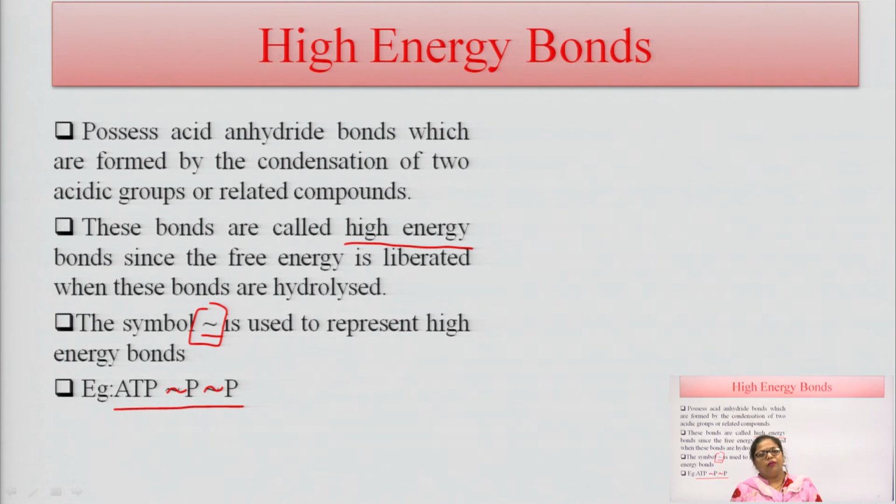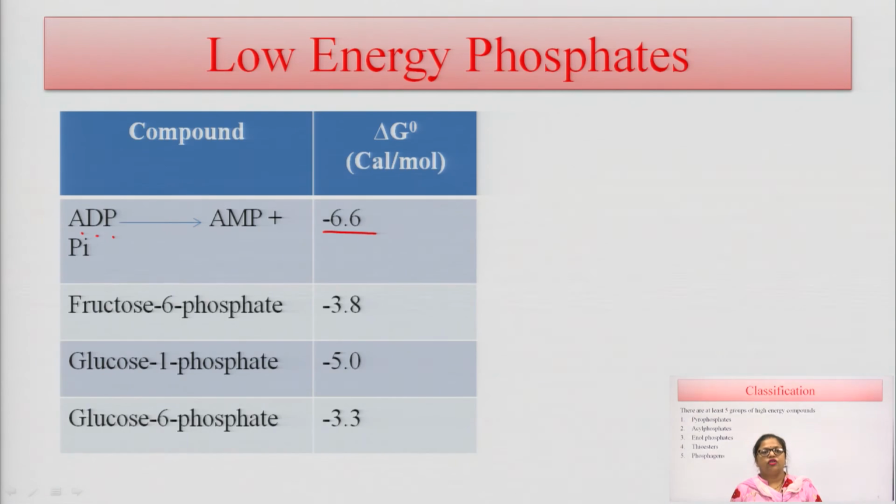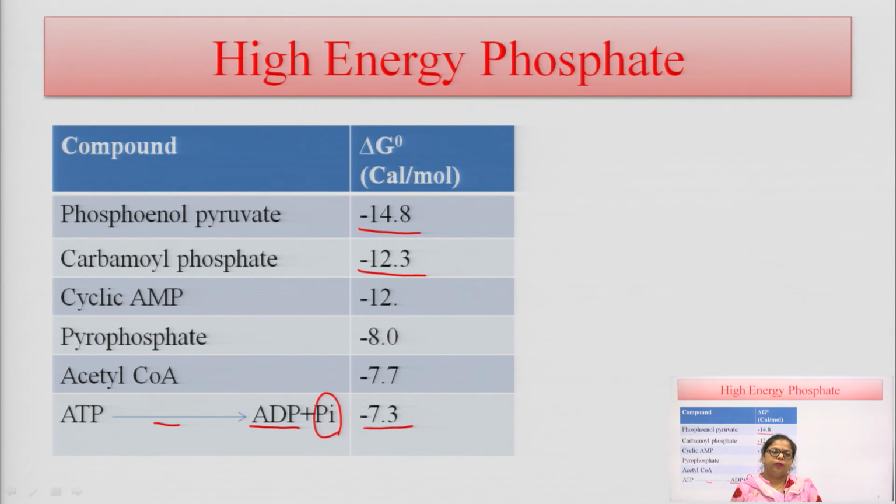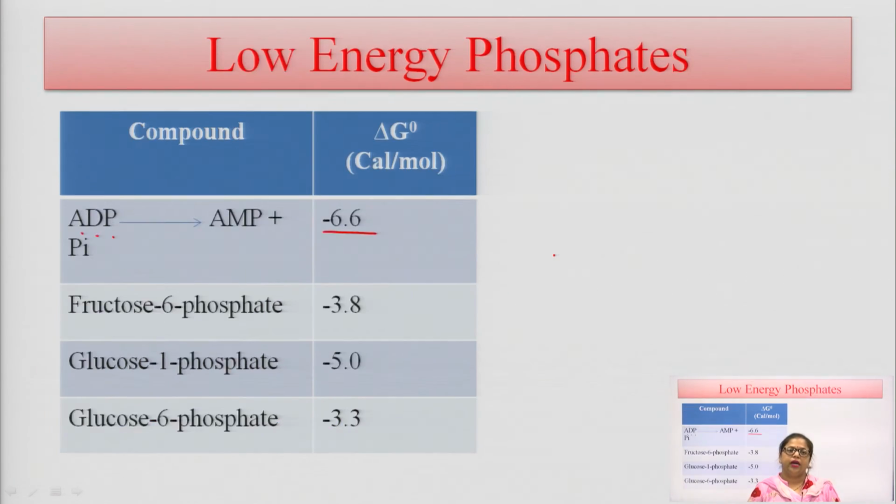We have discussed high energy phosphate bonds, low energy phosphate bonds, ATP, ADP, and cyclic AMP. This is the general summary of this lecture: high energy phosphate bonds, cAMP and ATP.